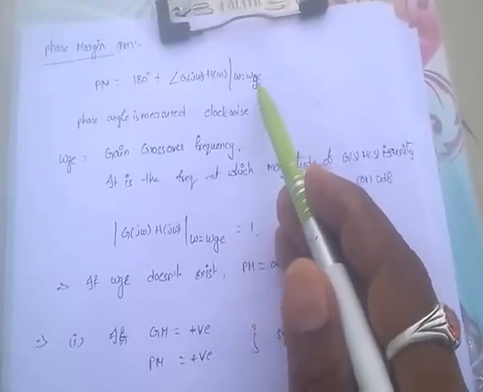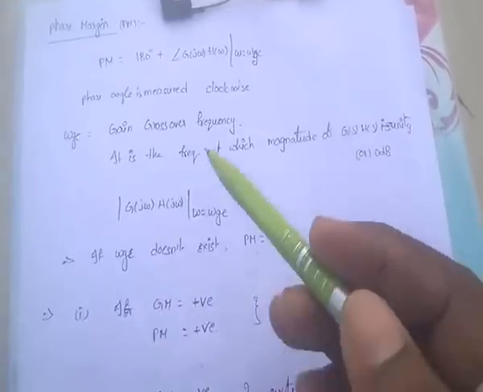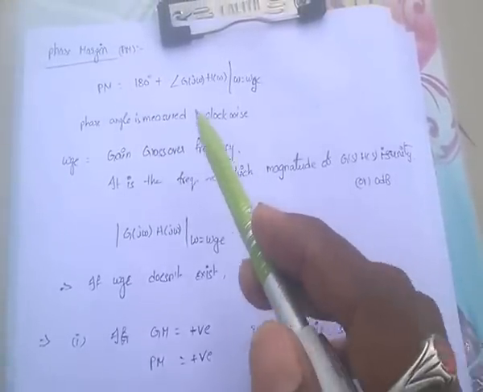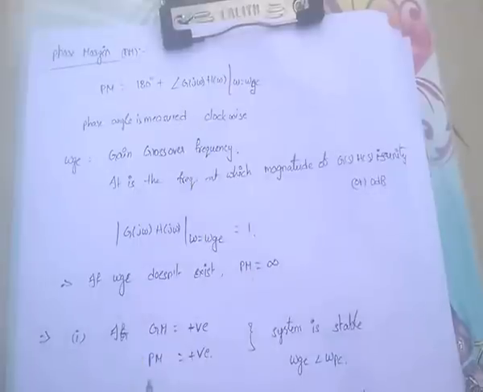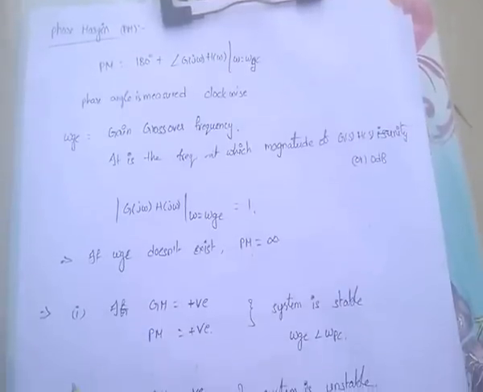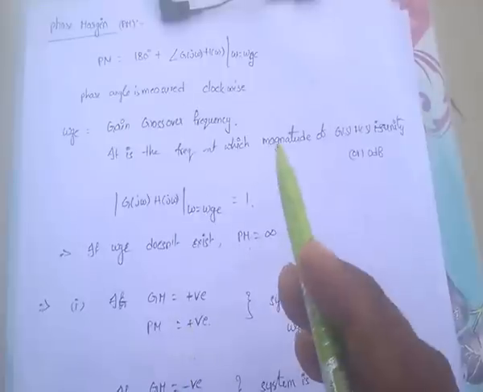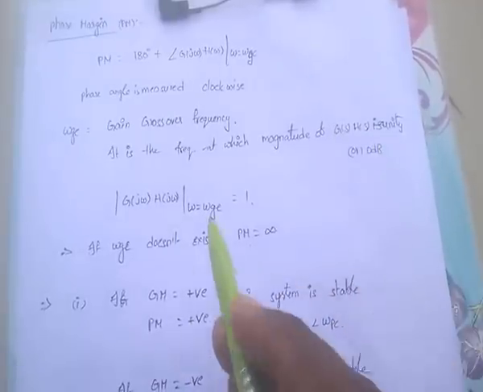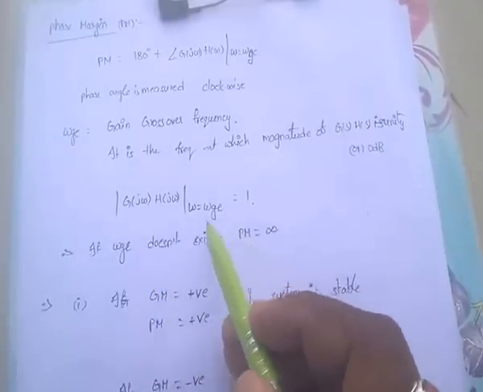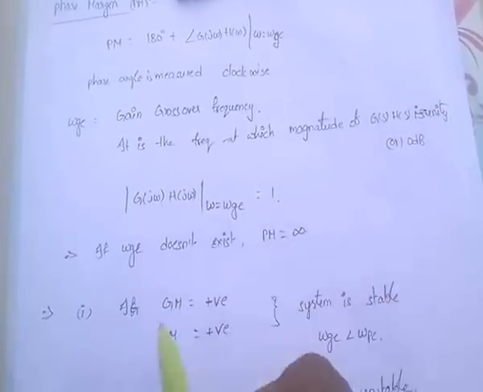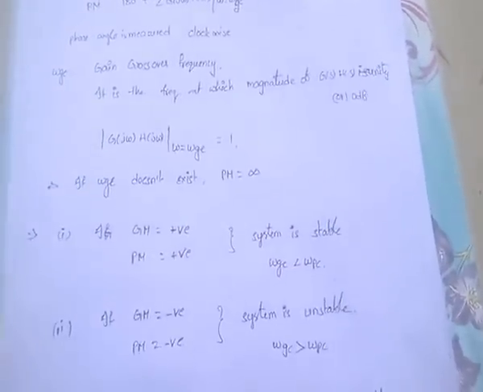Gain crossover frequency is the frequency at which the magnitude of G of s and H of s is unity. That is, at omega equal to omega gc, magnitude of G of s and H of s equals 1.